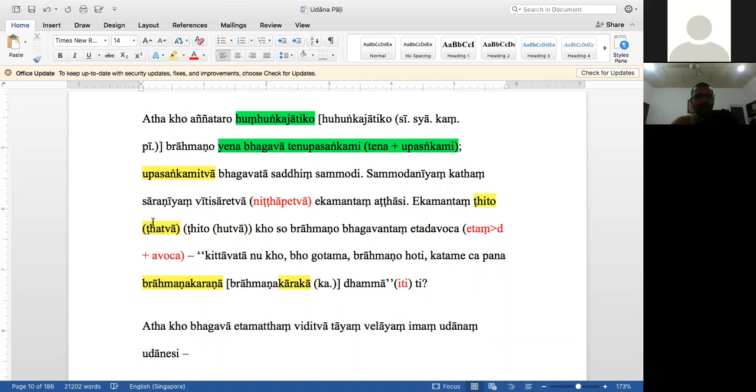So thito also explains that he stood, but since it's a noun, they want to give the verbal meaning. Verbal means showing that it's an action that has been done. So they give thito hutva.